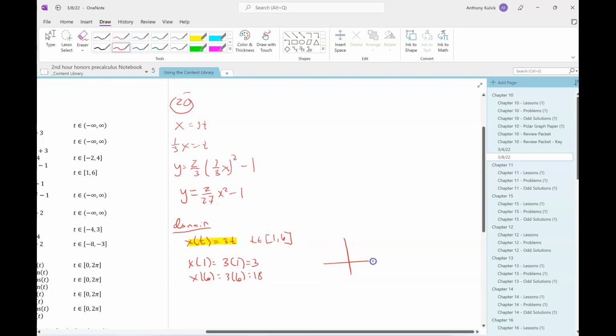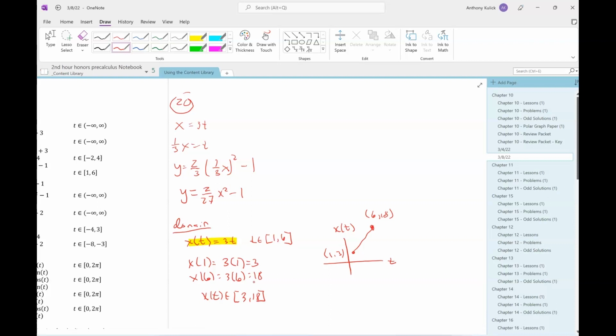So if I think about the graph of this function, my range for x of t is 3 to 18.